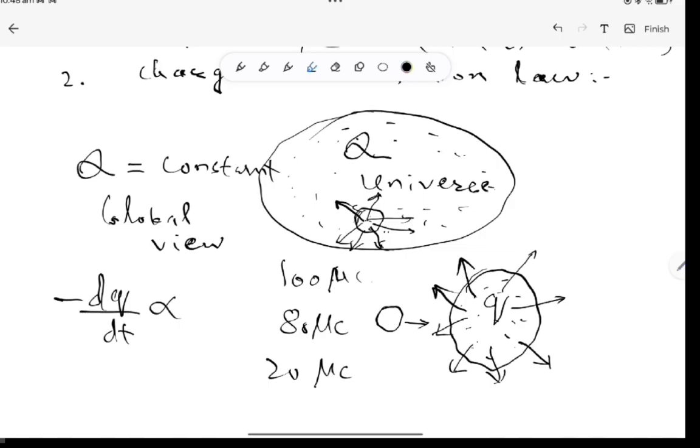This must be equal to the current through the surface.